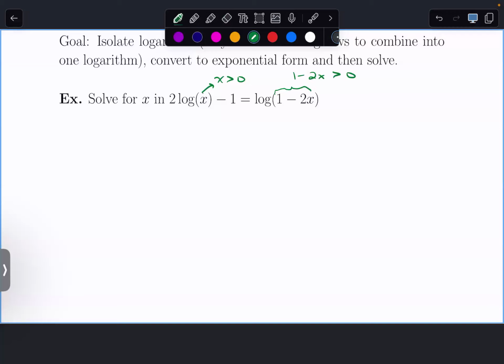So I'm not going to do that. Instead, I'm just going to add 2x to both sides. That's allowed. So then I get 1 has to be greater than 2 times x. And now I'm dividing by a positive, which doesn't change the sign. And so now I get 1/2 has to be greater than x.